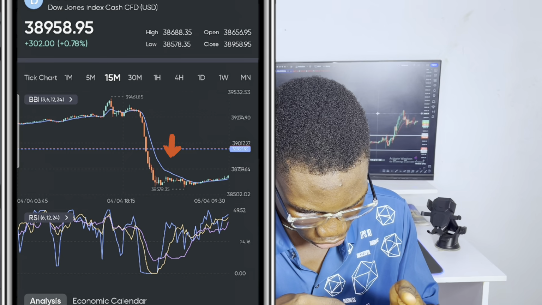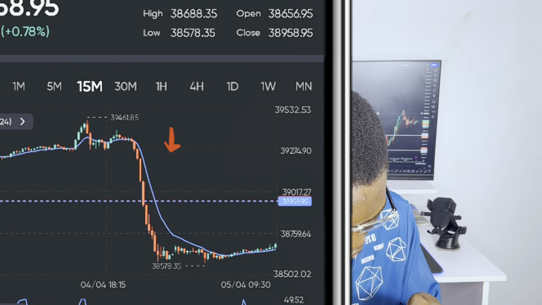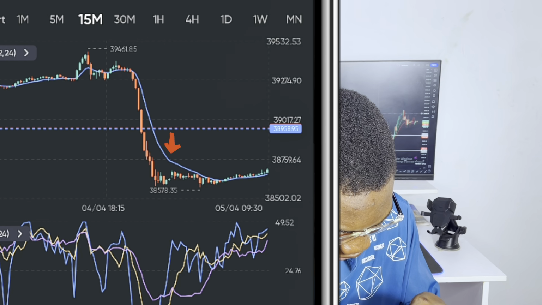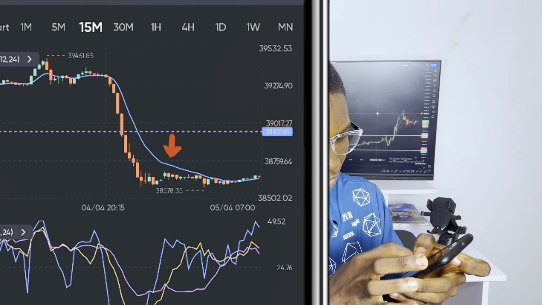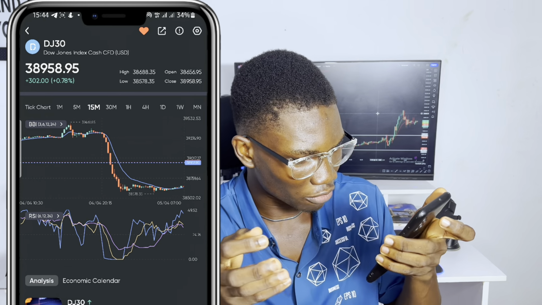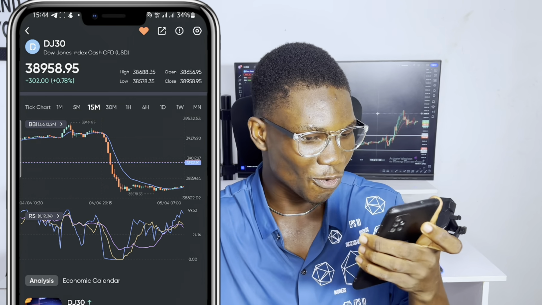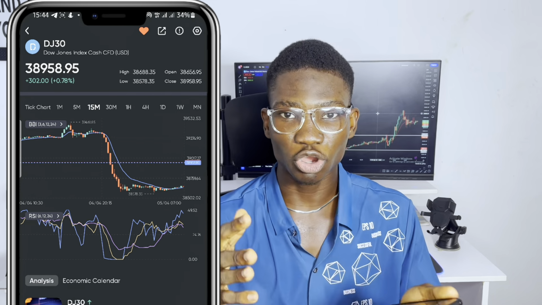The price literally dropped from 39446.85 towards 38578.35 within a couple of hours. I mean, this is on the 15-minute time frame, and within a couple of hours, price dropped over, I think, 1,000 pips.